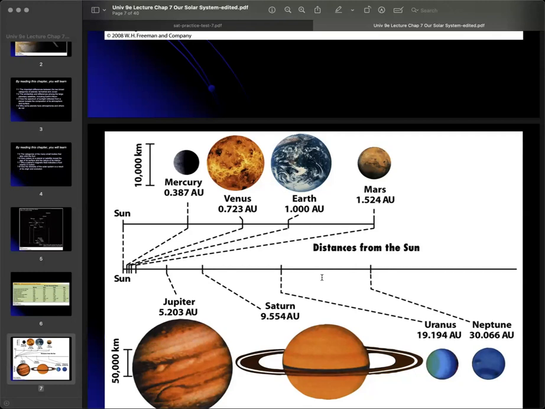However, we cannot compare the sizes of inner planets and outer planets because, as you can see, there's a scale of 10,000 kilometers next to the inner planets. And then there is a scale of 50,000 kilometers, which is 5 times as big, but still in the map here, in this drawing for gas giants, that is a smaller size than 10,000 kilometers.